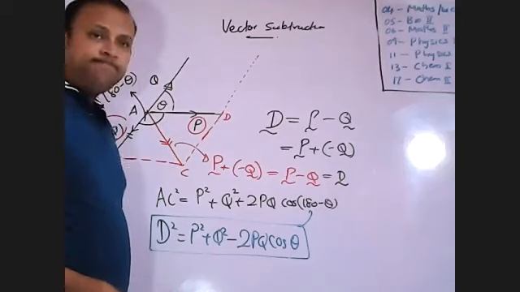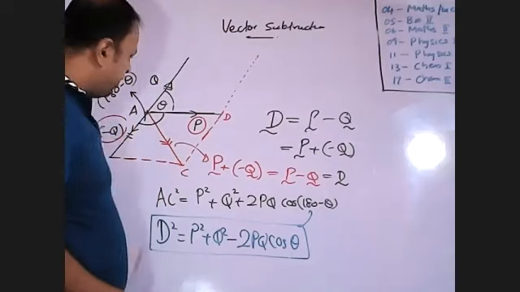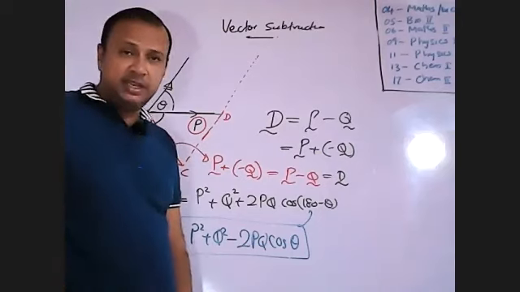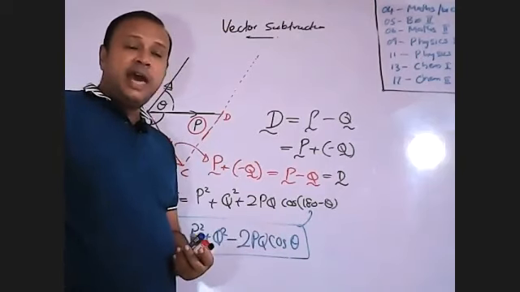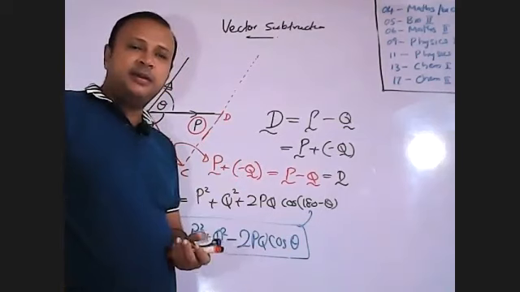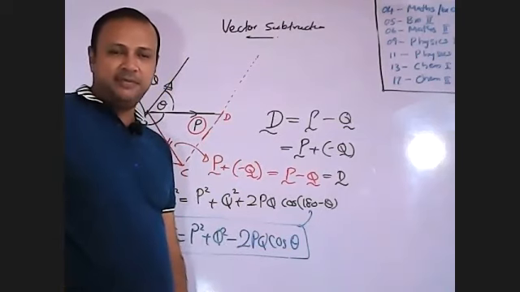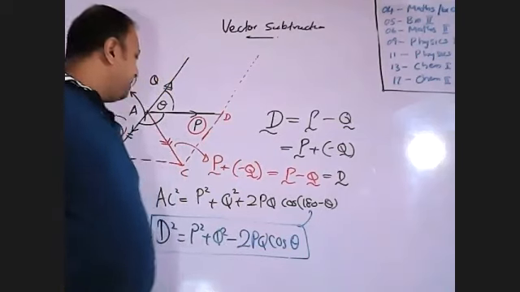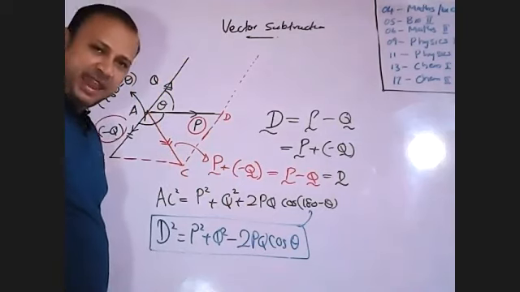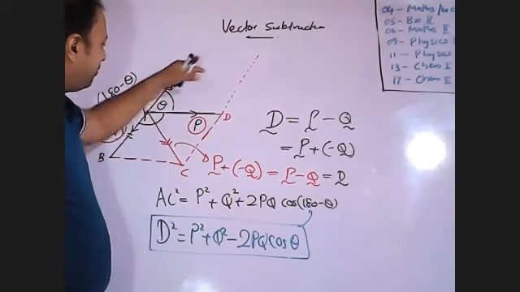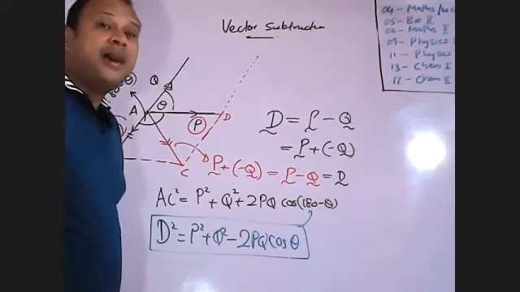Okay. Then this is the way of determining the minus vector. Now, after that, I have built a relationship between this construction, this diagonal, and the diagonal of the original parallelogram.